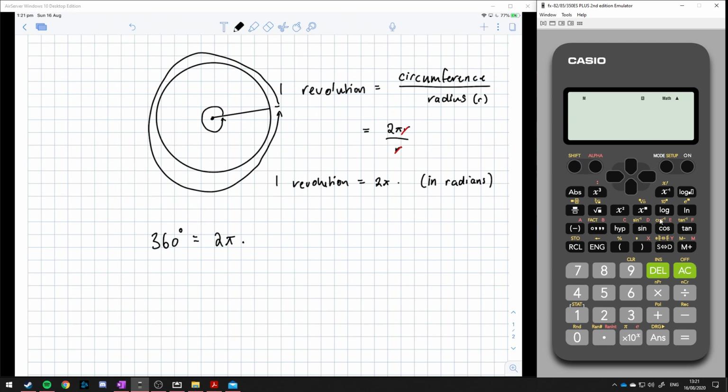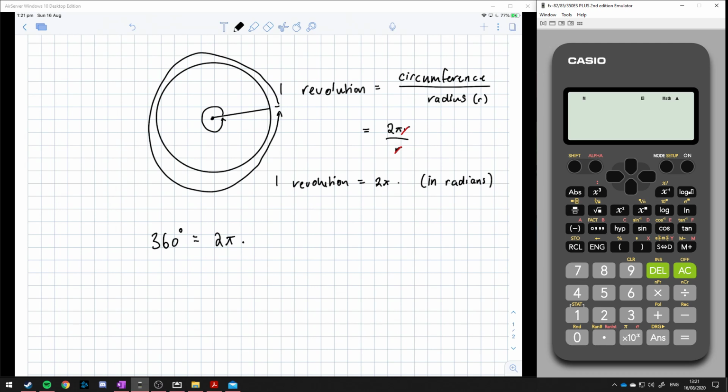But if we put in our trigonometric ratios of 360, like sine of 360, anyway, ignore that. Anyway, 360 degrees is equal to 2 pi, as I said. So that's what that one is there.